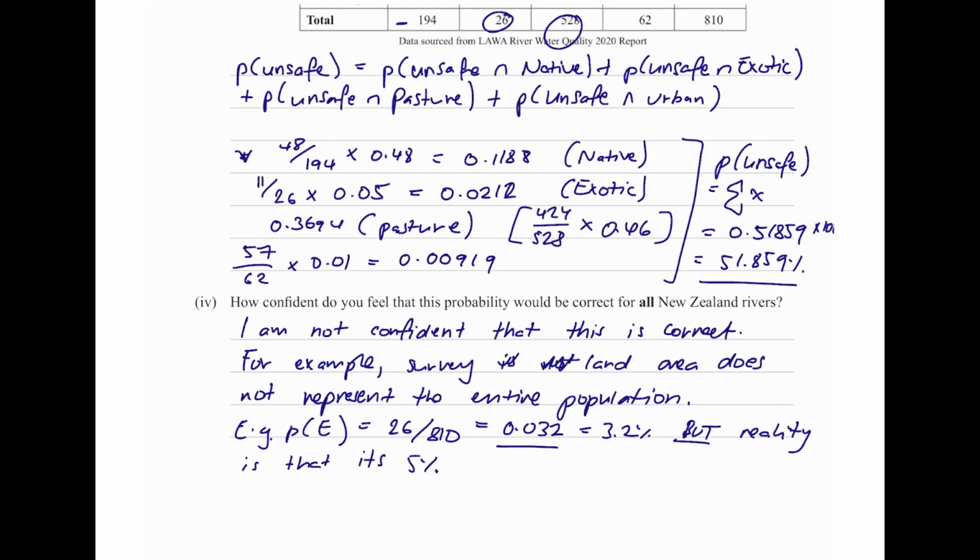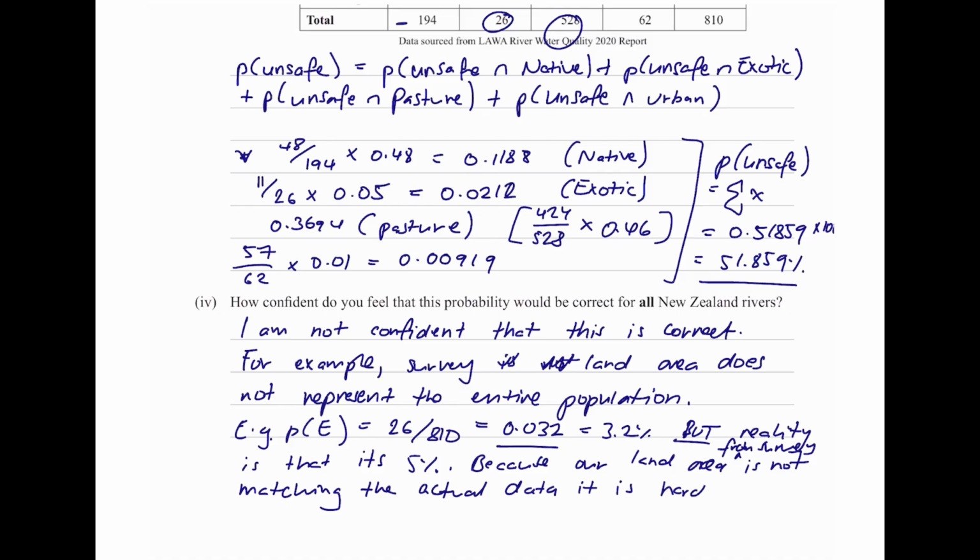So our land area from the survey is not matching the actual data, so it'll be quite off for the rest of them. It is hard for us to generalize.